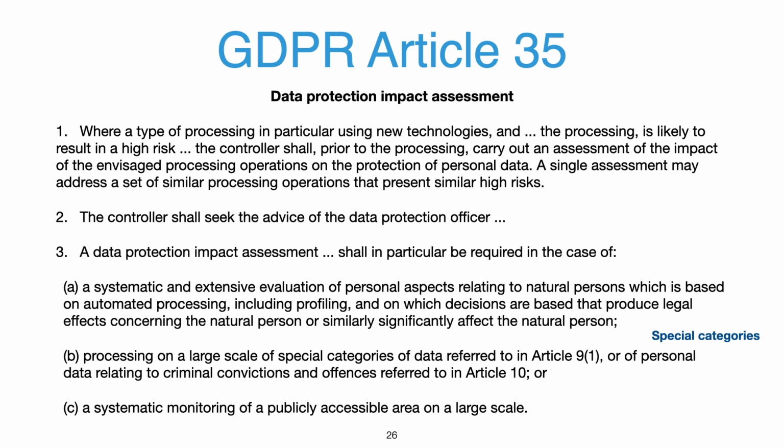So where there's going to be widespread and extensive processing, like profiling, and where that could have consequences for people, you will have to do a data protection impact assessment.